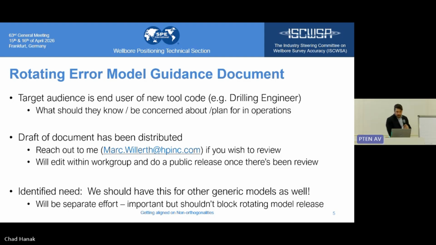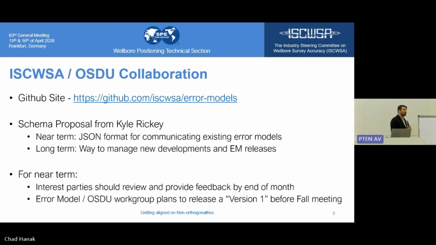And then the final item is the OSDU collaboration. So there is a GitHub where updates to this will be provided, and where we would like to, in the future, host a lot of versions documentation for the error models. This is something that, again, is going to move quite quick.